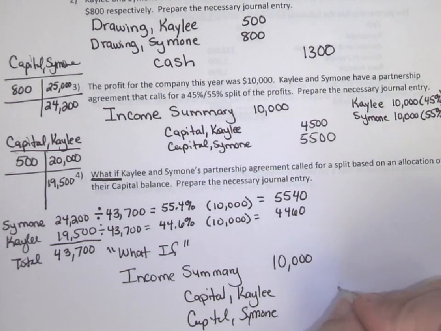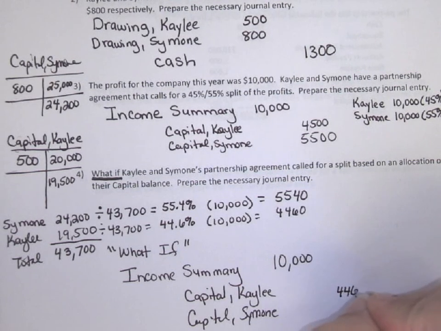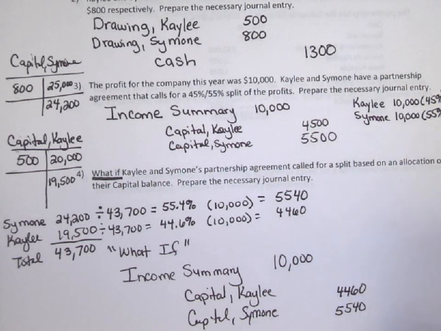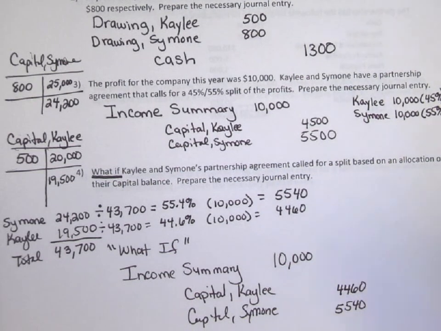So Kaylee would have the $4,460 now instead of $4,500. Simone is going to have $5,540 instead of the $5,500 because their percentages are a little bit different based on what their capital balance was, and it's their percentage of the total capital that is out there. And so that's kind of what we look at as far as that goes.